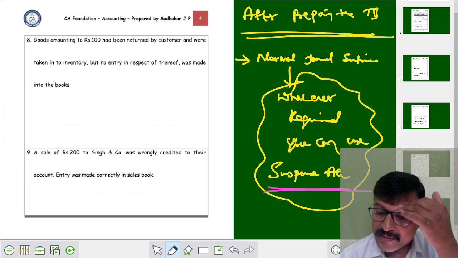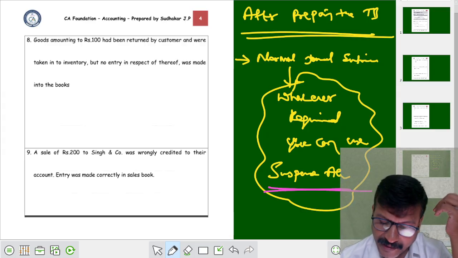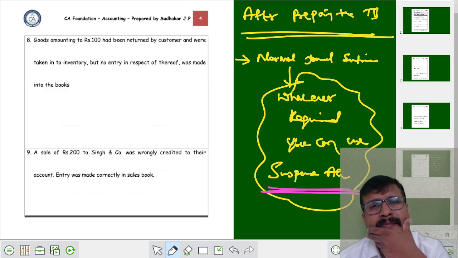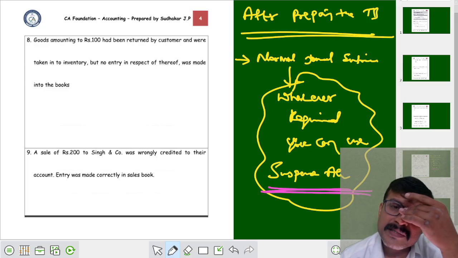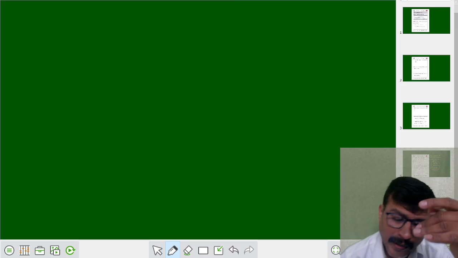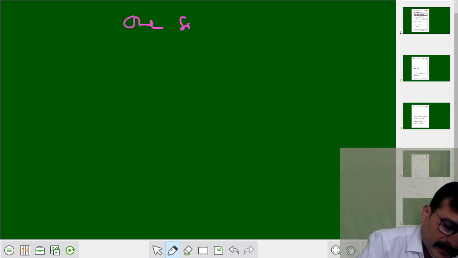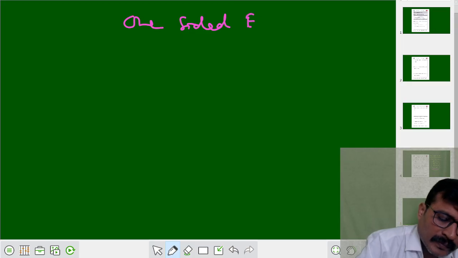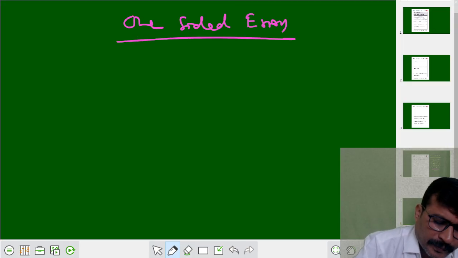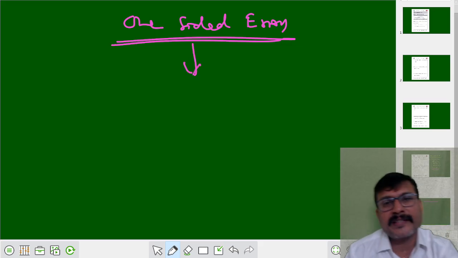Now the question is, when does this suspense account arise? Suspense account arises when there are one-sided errors. What do you mean by one-sided errors?